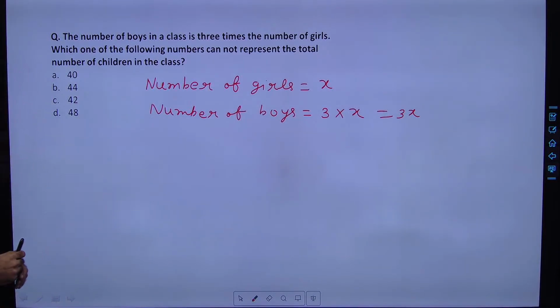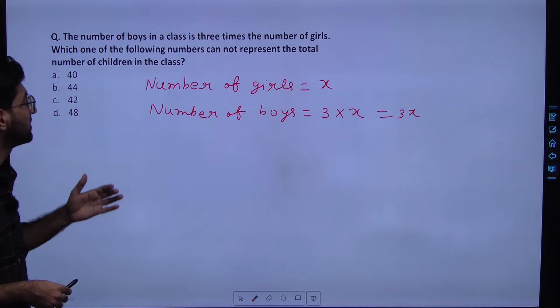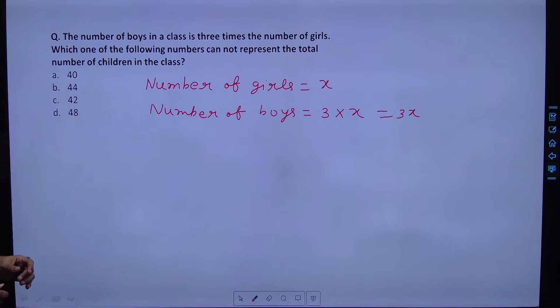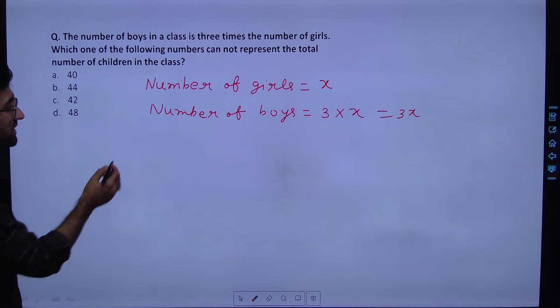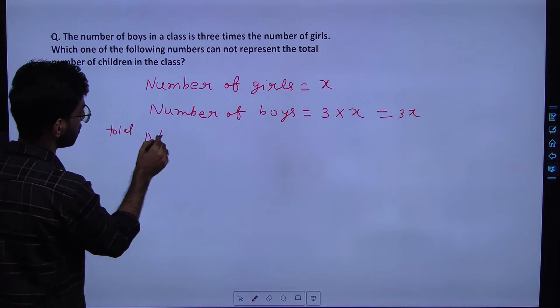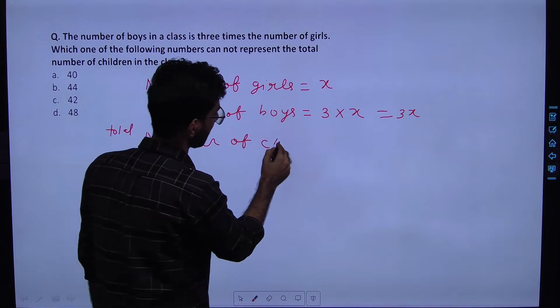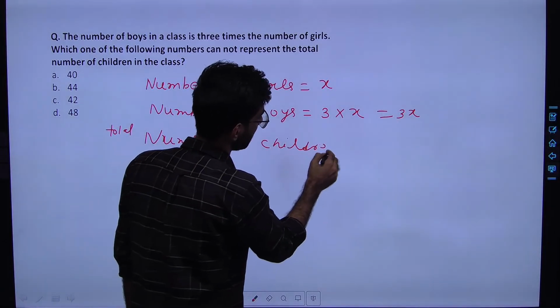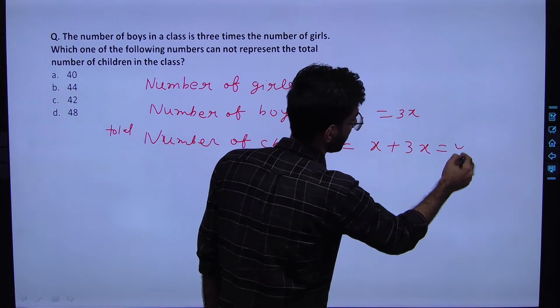Now read the question. The question says, which one of the following numbers cannot represent the total number of children in the class? Or you can say total number of students in the class, right? So what is the total number of children in the class? Simple, X plus 3X, that is equal to 4X.